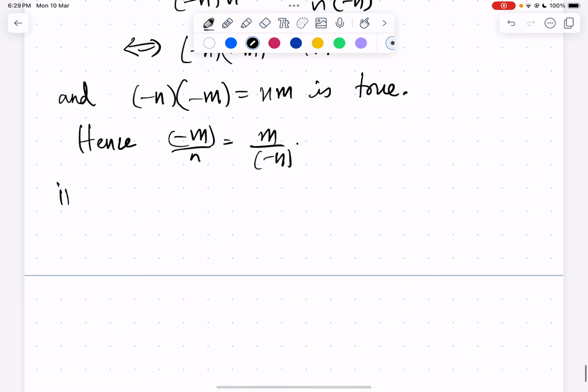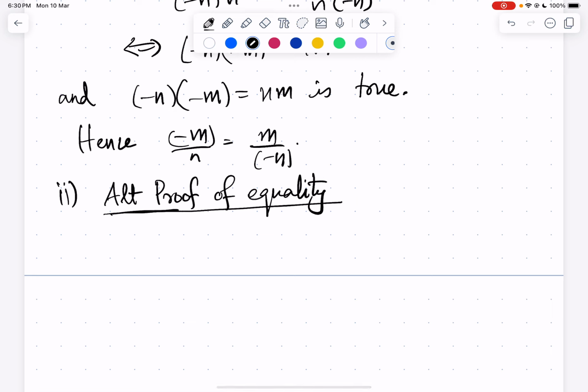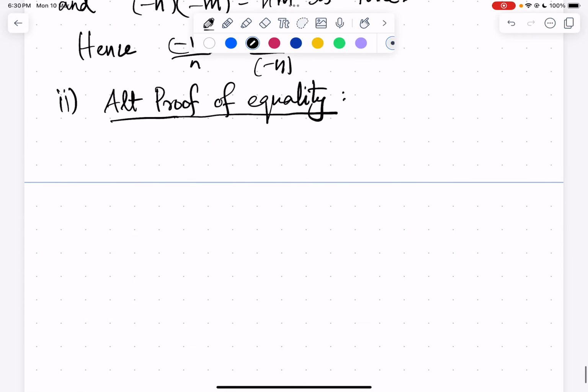So there's an alternate proof of equality. Minus m by n equals, by the cancellation law, minus 1 times minus m by minus 1 times n.